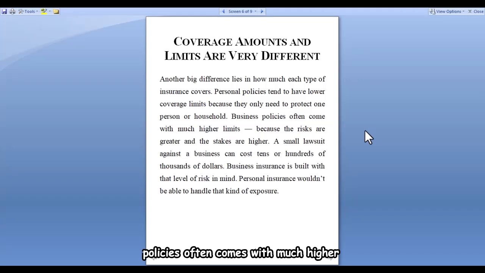Business policies often come with much higher limits because the risks are greater and the stakes are higher. A small lawsuit against a business can cost tens or hundreds of thousands of dollars. So business insurance is built with that level of risk in mind. Personal insurance wouldn't be able to handle that kind of exposure. So now let's go to the next page.